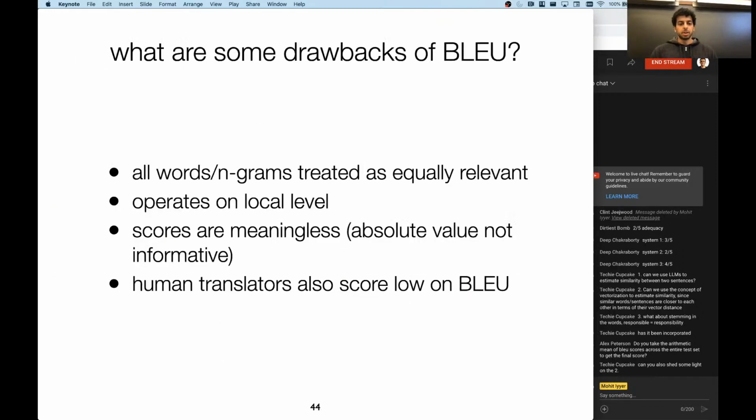All right, so again, we talked about all of these drawbacks before, and we noted that moving from word level precision to n-gram level precision does reduce some of the issues with word order not being considered, but it still considers word order only very locally. Like the most it considers is word order within a 4-word chunk. And if you have a very long translation, this still isn't that great.